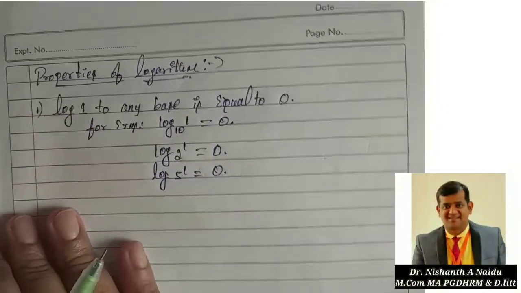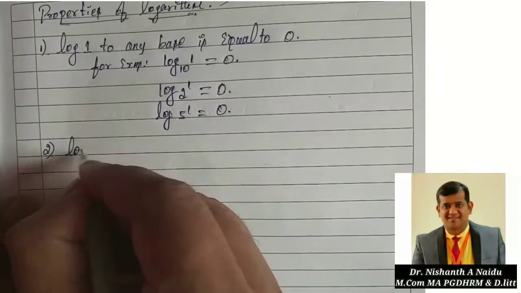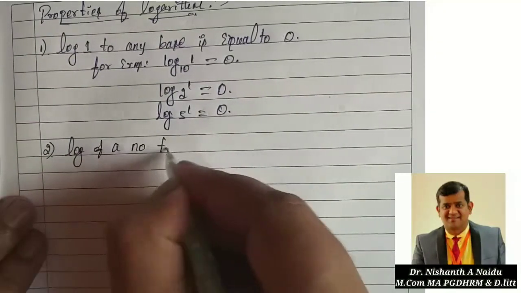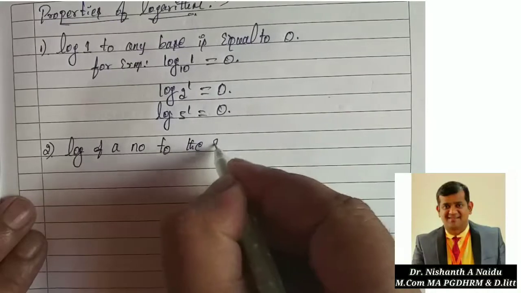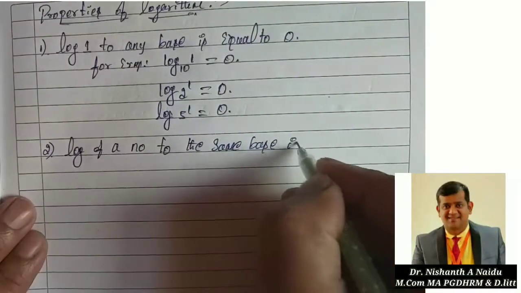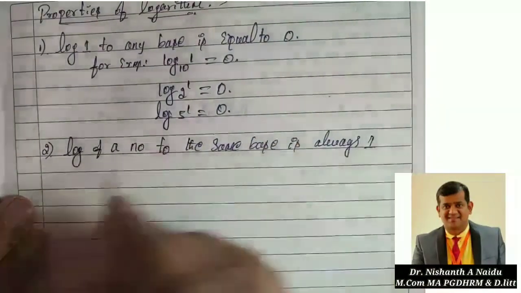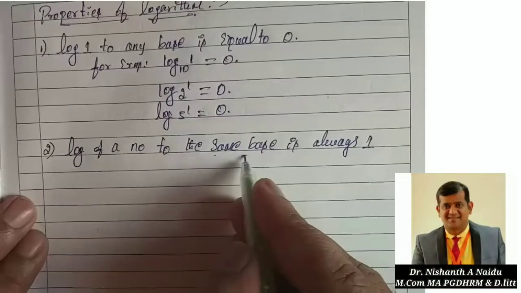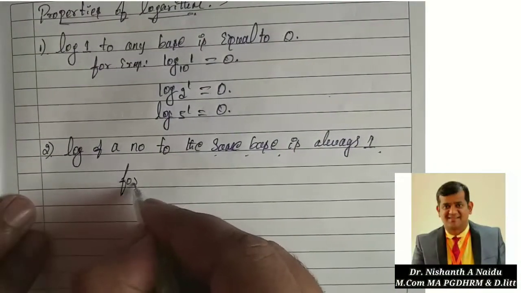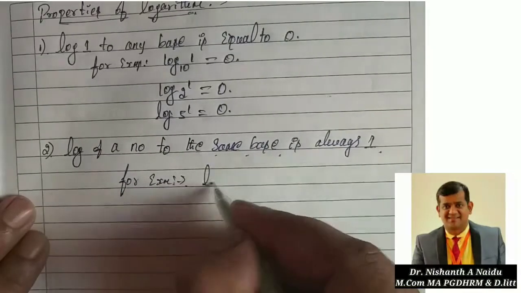And the second one, an important one you should know: log of a number to the same base is always 1. Let us go with an example so that you get clarity.